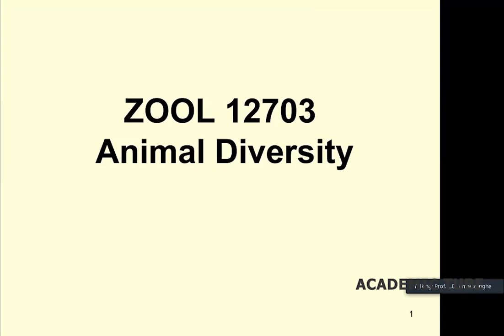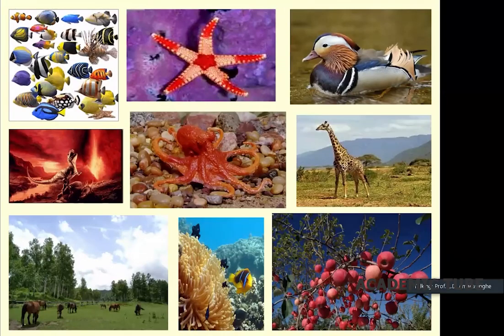You are going to learn all these types of animals in the world. Animals, mainly extant species. Extant species in the sense those species not yet extinct. Extinct means disappeared. So we are going to learn those animals living today, starting from very minute animals up to vertebrates and mammals.